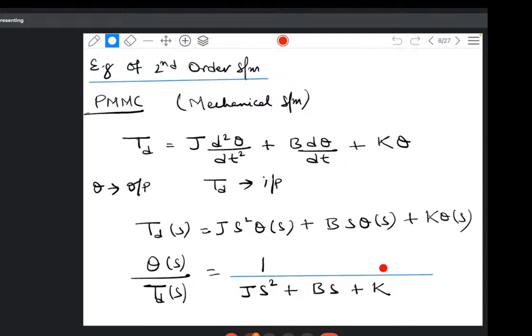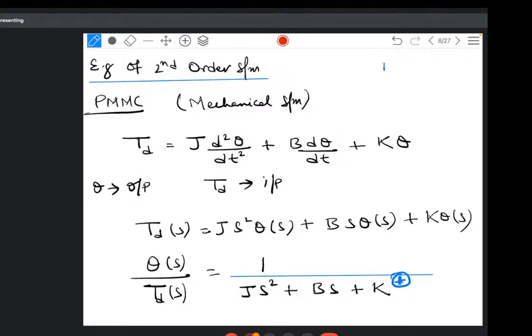Now, my actual transfer function, if you see, is omega n square by s square plus 2 zeta omega n s plus omega n square. So, in the standard second order transfer function, the coefficient of s square was 1. But here the coefficient of s square is J. So, to make the coefficient of the highest power of s equal to 1, I need to divide numerator and denominator by J. See, for the transient response analysis, I basically concentrate on the characteristic equation.